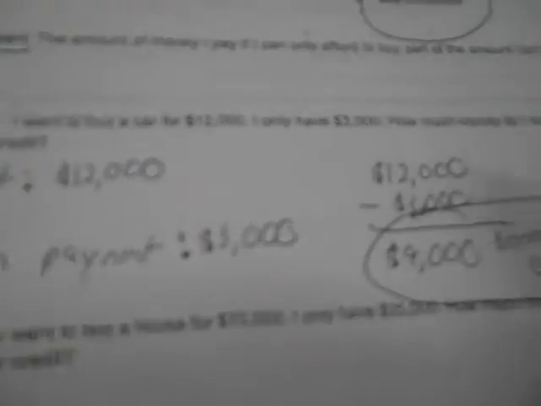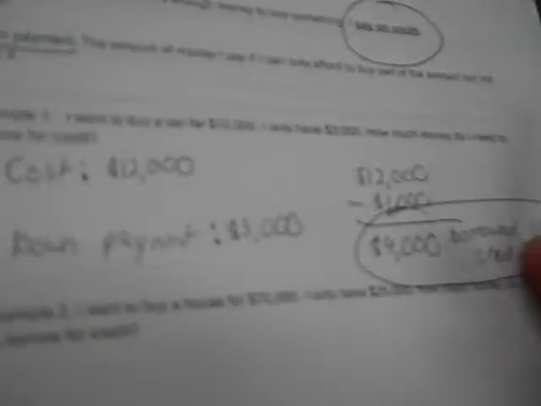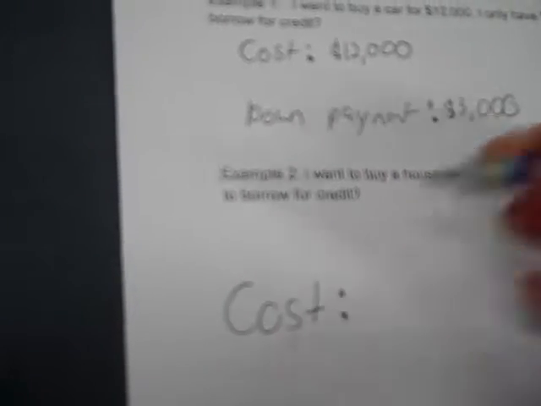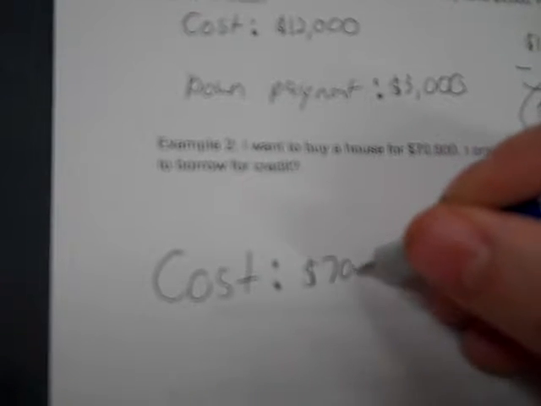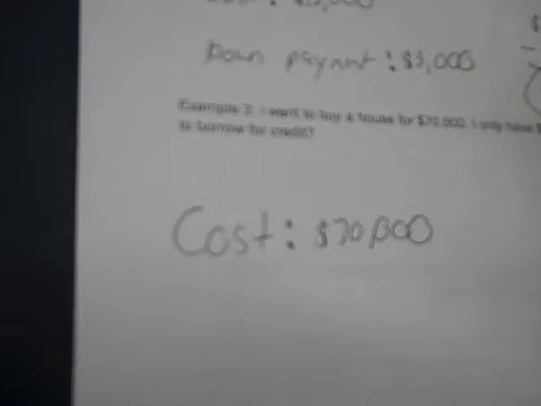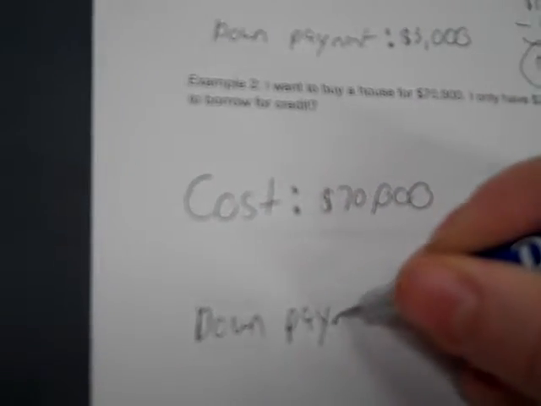Okay, example 2. I want to buy a house for $70,000. I only have $25,000. How much money do I need to borrow for credit? So the cost of our item is $70,000. And then the down payment is how much I have. That's how much I can pay.